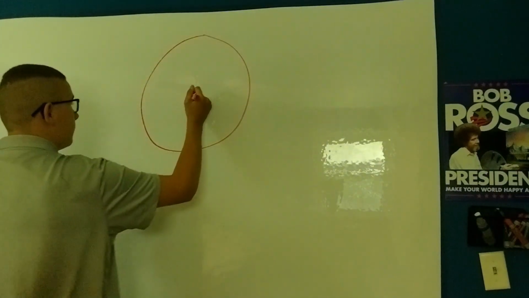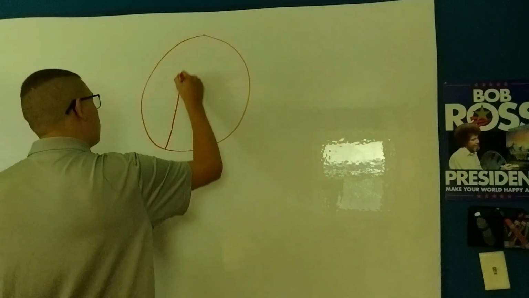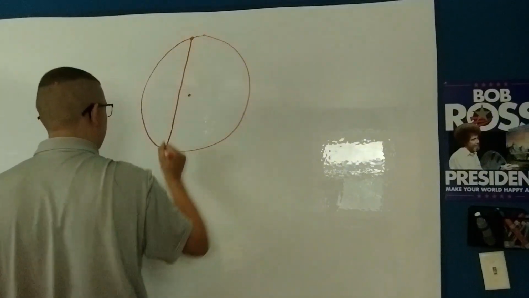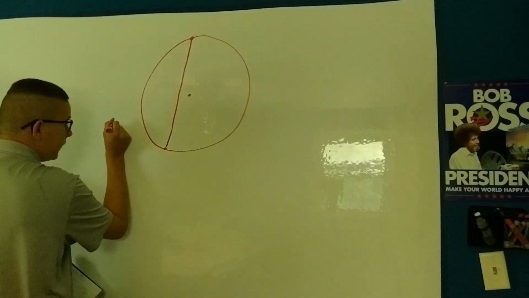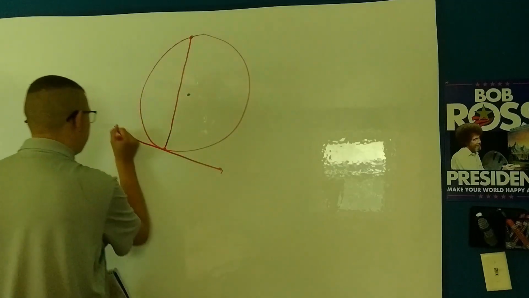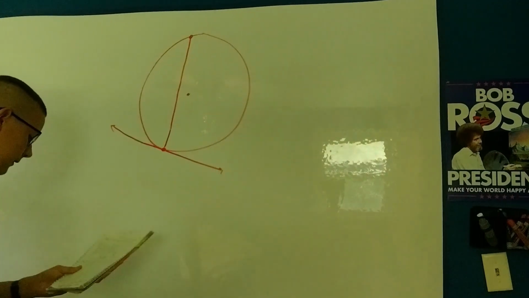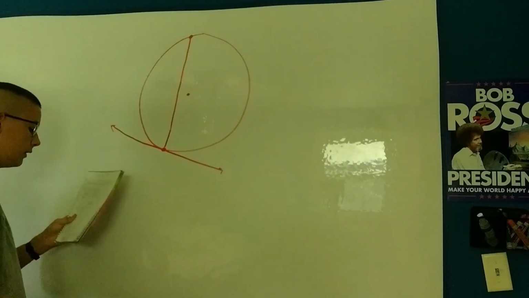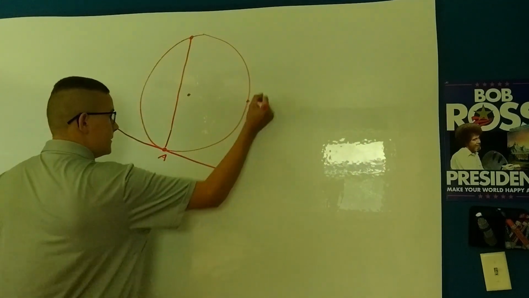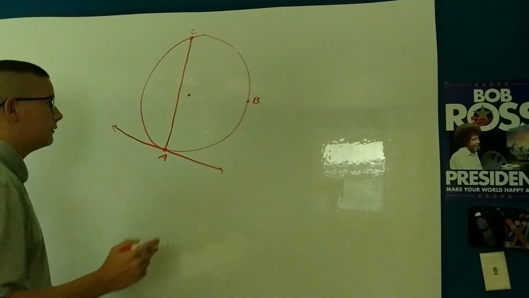and we have a chord like this, and we'll put our center about there. We have a chord like this, and a tangent line right there at the same point that chord touches the circle, like that, and we'll label this A, B, C, and that B is just on the circle.